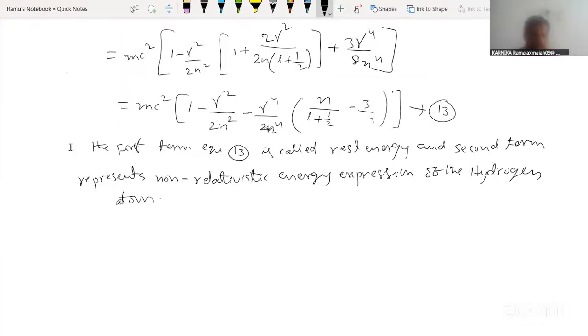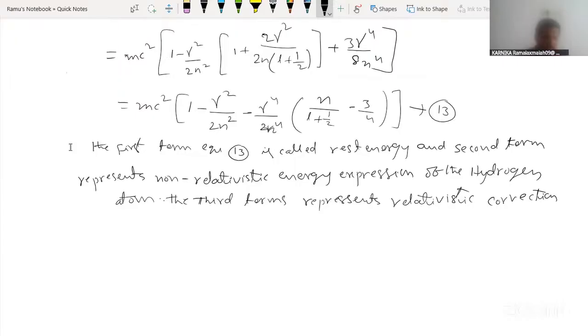Okay, so the third term represents the relativistic correction, which removes the L degeneracy.